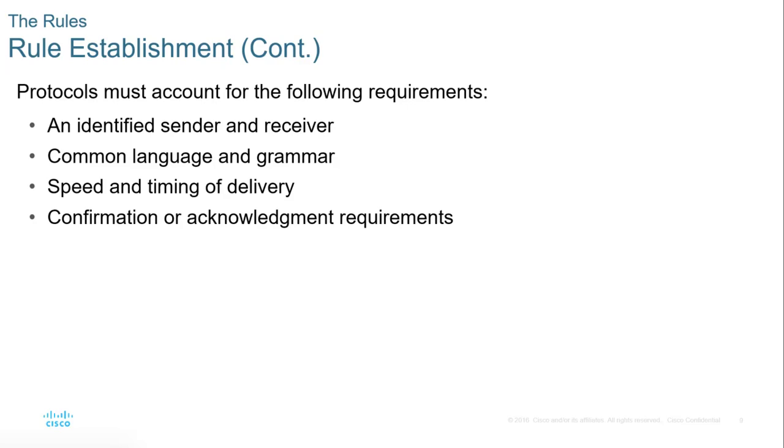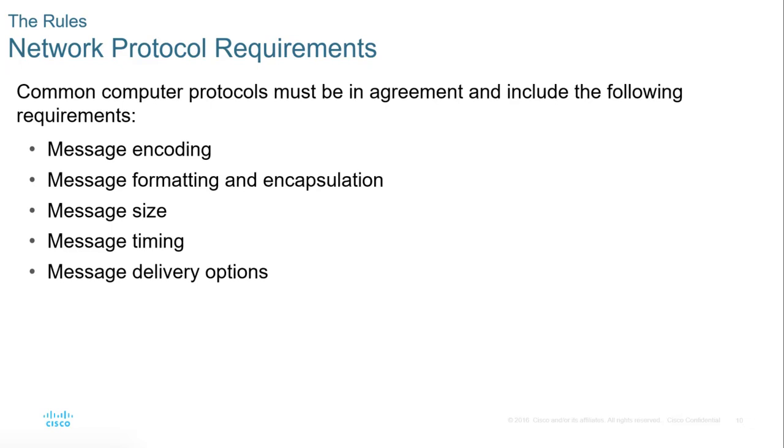the notification, all that. So common computer protocols must be in agreement and include the following: message encoding. The way right now we are exchanging messages, between devices the message is encoded, or changed into a format that is going to be understood by the devices in communication.